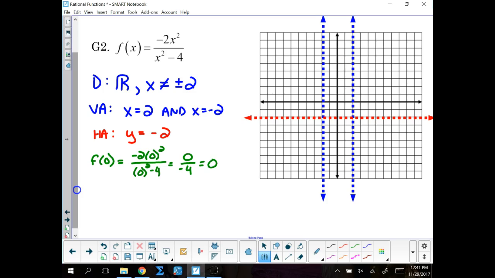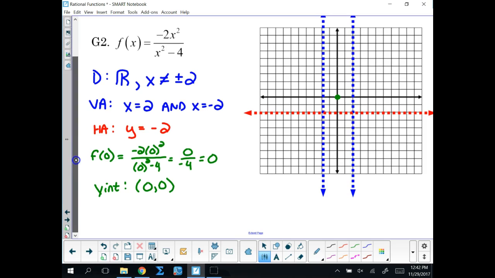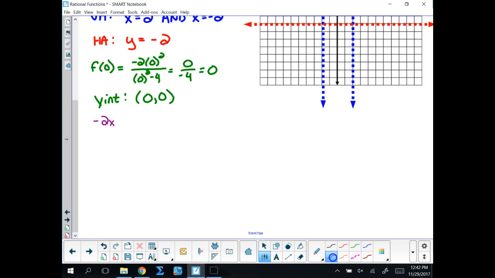You should have a y-intercept at 0, 0. Yes? Negative 2x squared equals 0. So x squared equals 0.